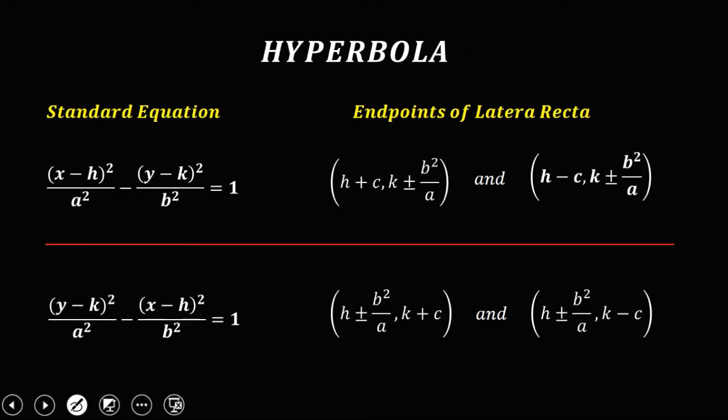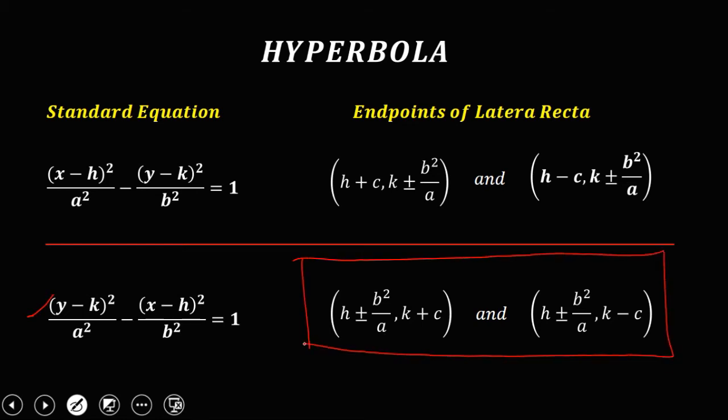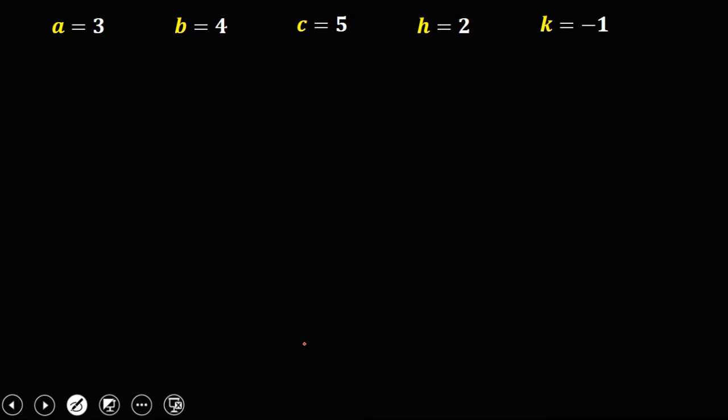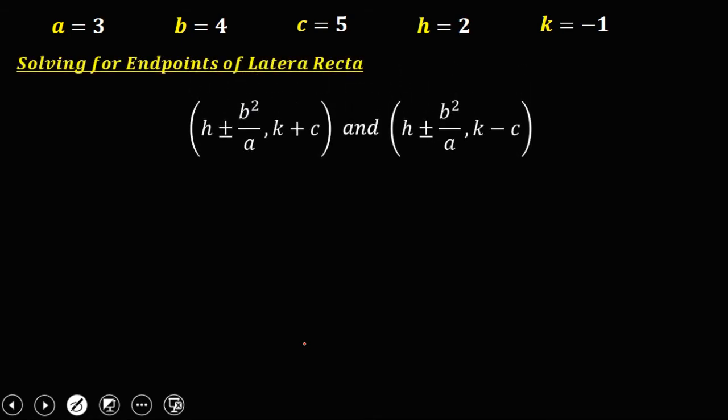Recta. Now, since the given is positive y squared, therefore we're going to use these formulas. So these are the values, the a, b, c, h, and k, and the formulas. So start solving this equation first. Then substitute now the values.